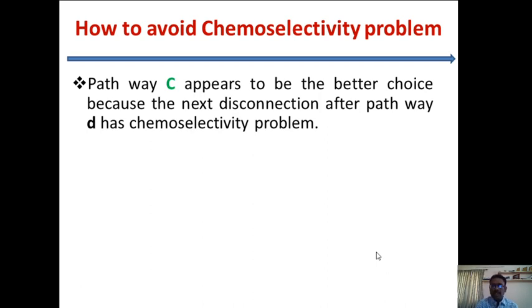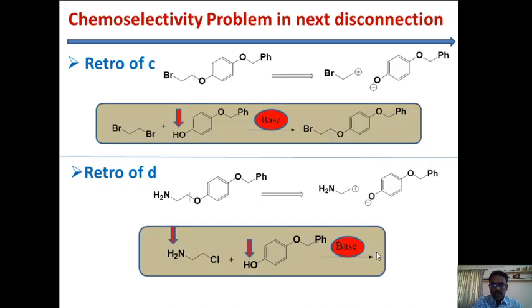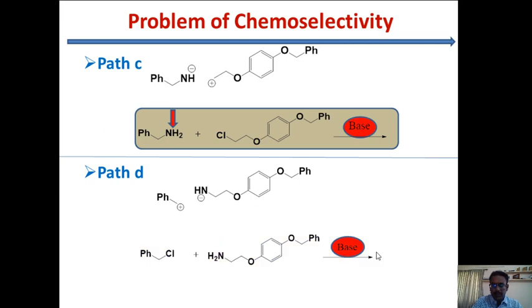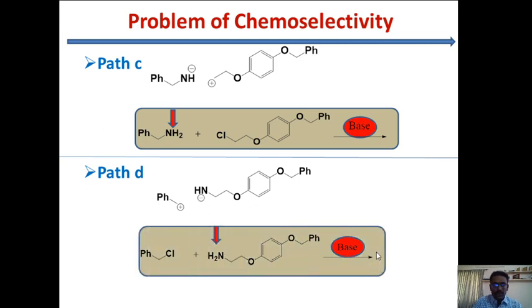The pathway C appears to be the better choice because the next disconnection, with the first disconnection was okay for paths C and D. We have seen that for paths C and D the first disconnection was okay, as you saw in the earlier case. In both cases, the first disconnection has no problem at all, we don't have any chemoselectivity problem.